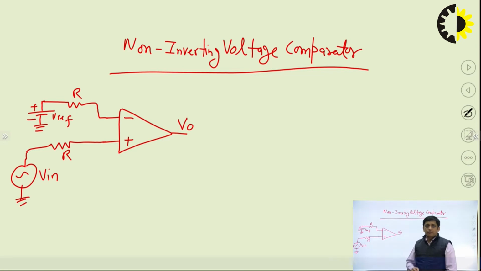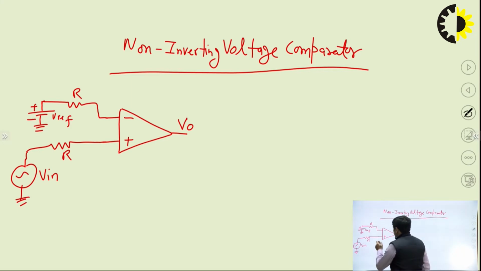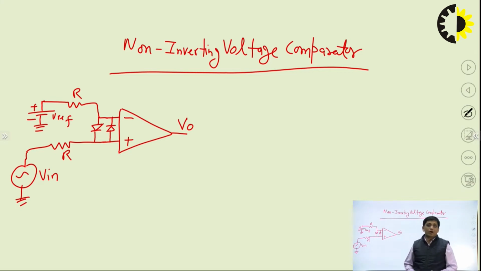Now there is one more thing. In order to protect the input stage of the operational amplifier, sometimes we connect two diodes, and these diodes are called clamp diodes. The function of these two diodes is to protect the input stage, because the input voltage of the op-amp will be set at plus 0.7 volt or minus 0.7 volt.